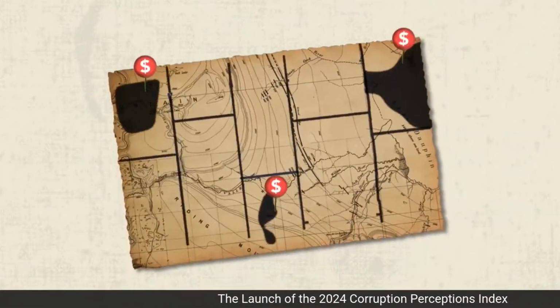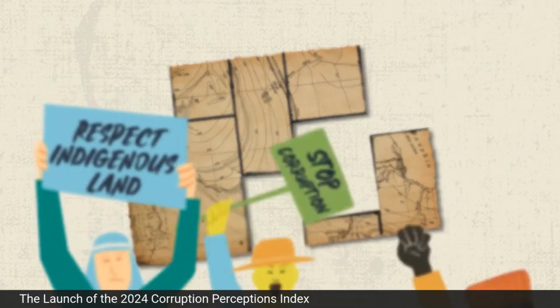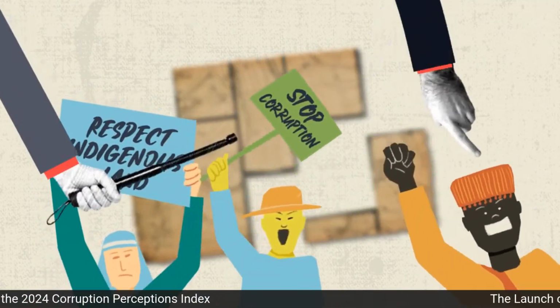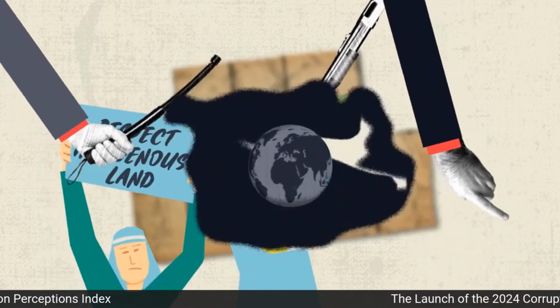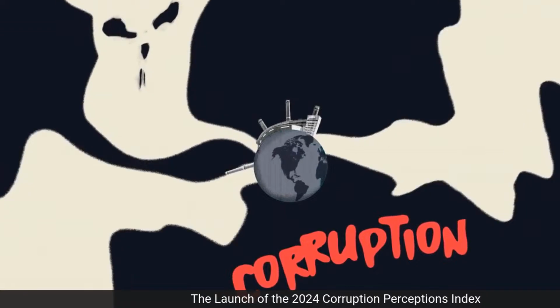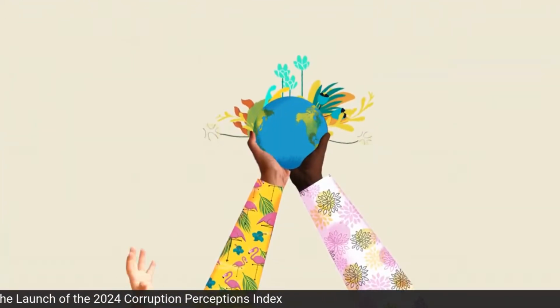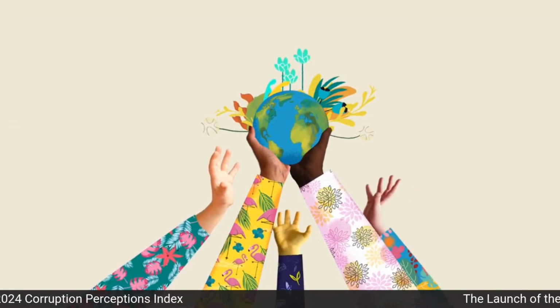Corruption also takes indigenous people's lands, and when environmental defenders raise their voices, they are harassed and even killed. The climate crisis, like corruption, is a matter of life or death. Transparency International is working to make sure corruption does not destroy the planet. Join us.